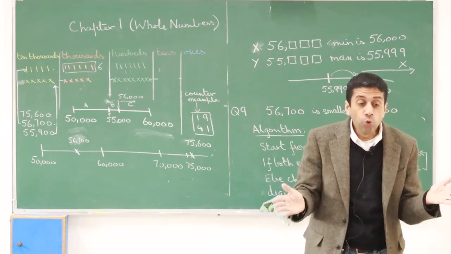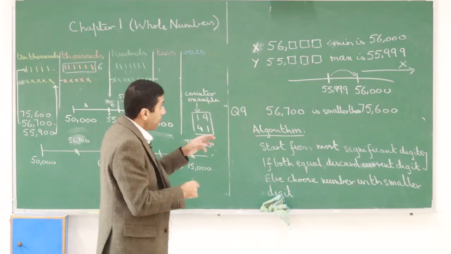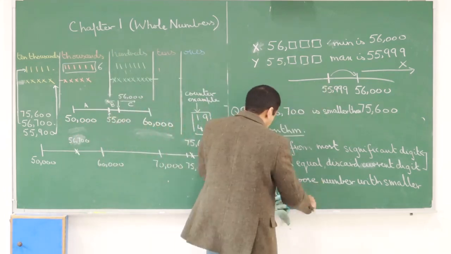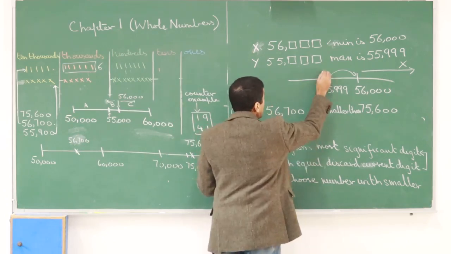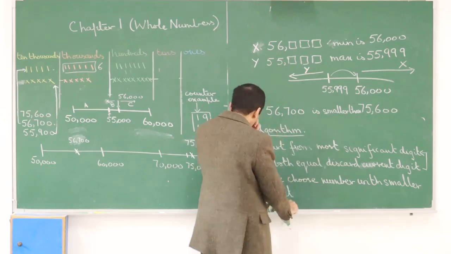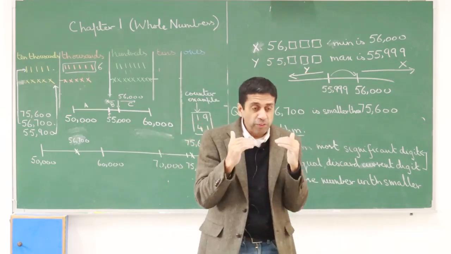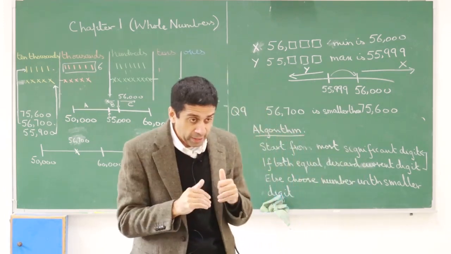Yeah. So you already know, and the reason is because you already know that y has to lie in a region. If you take the 55,000 choice, you have to stay in this region. You have to stay lower than or equal to 55,999. You can't go higher than 55,999.